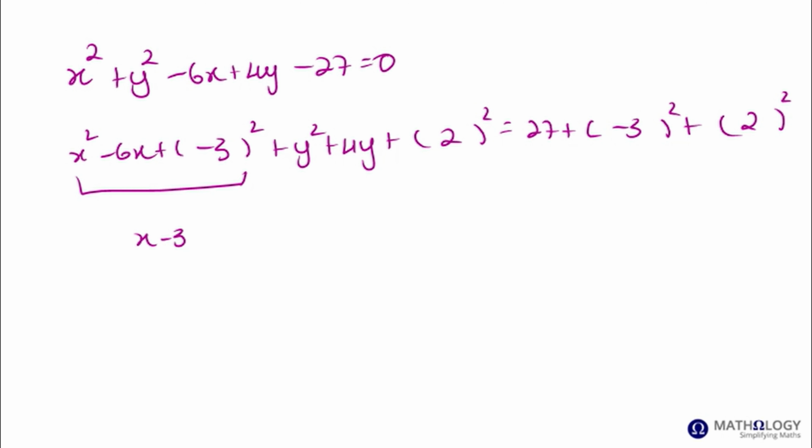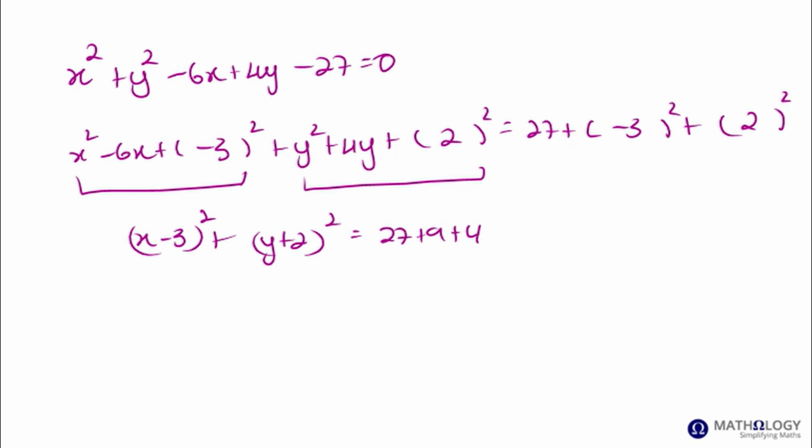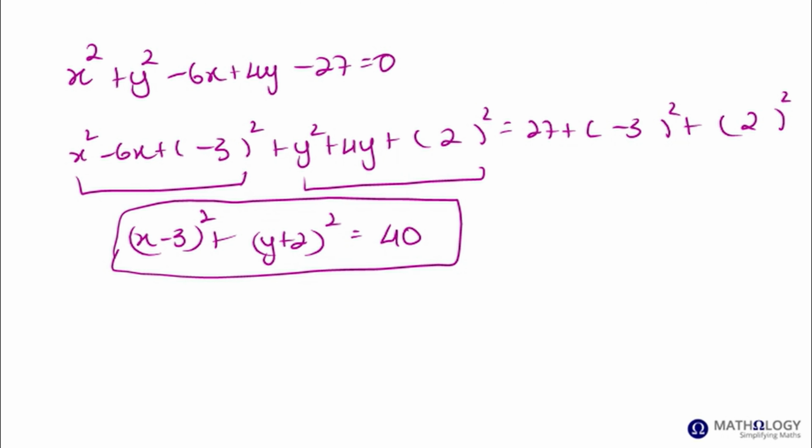This will give us (x minus 3) all squared plus (y plus 2) all squared, and that'll be 27 plus 9 plus 4. So this is the equation of the circle, the center of which is (3, minus 2). So these are the coordinates of M.